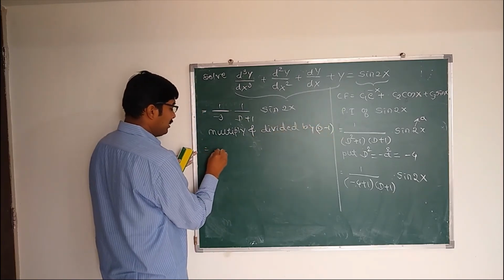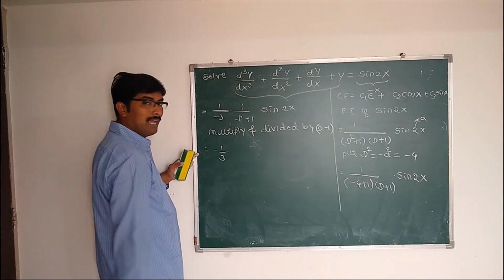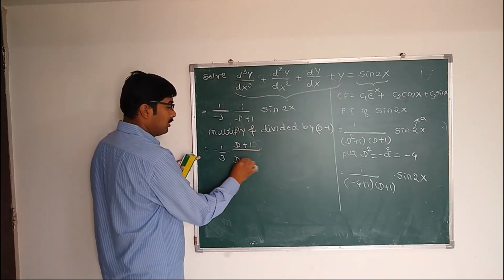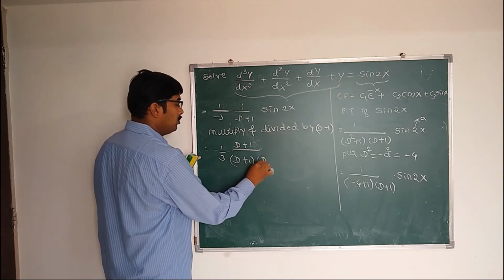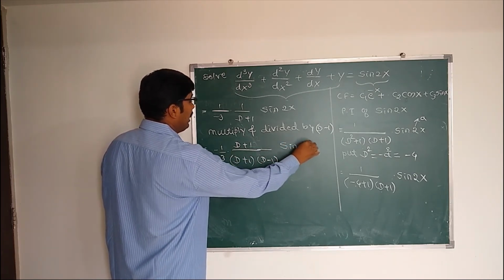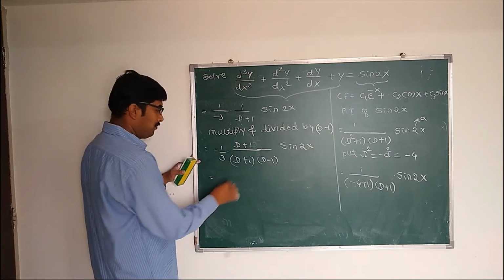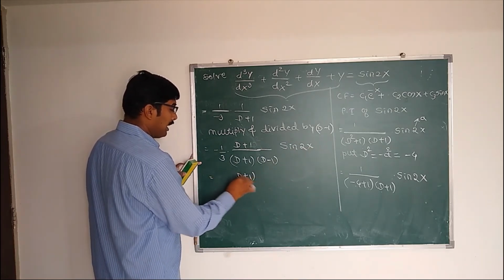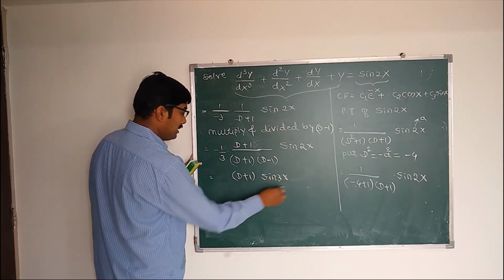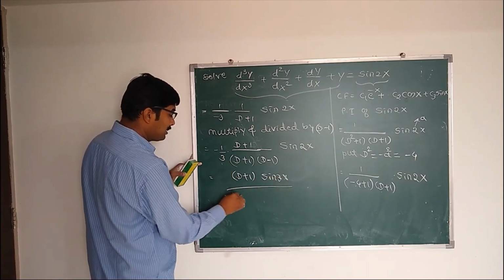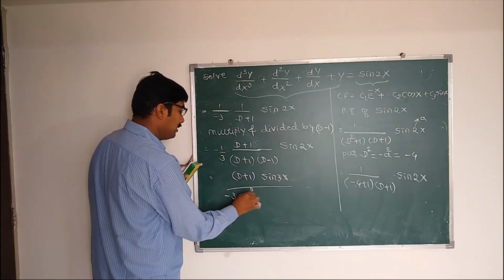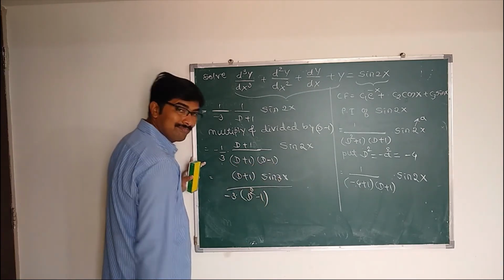So how much will we get? Minus 1 divided by 3 as it is. This is D minus 1 divided by D plus 1 into D minus 1 of sin 2x. This is D minus 1 as it is, of sin 2x, divided by minus 3 as it is. D plus 1 into D minus 1 is D square minus 1.